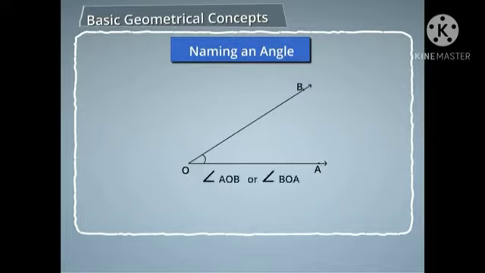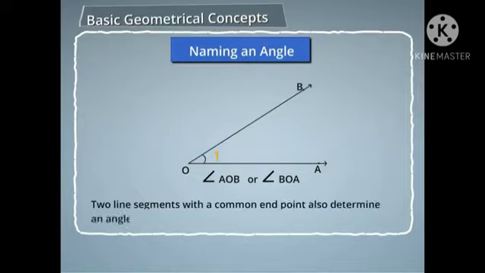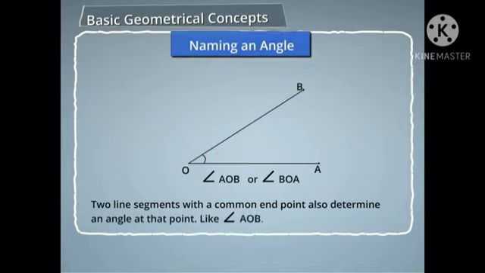An angle is also named by its vertex, like angle O. Sometimes it is named by a small letter or a numeral, like angle A or angle 1. Two line segments with a common endpoint also determine an angle at that point, like angle AOB.